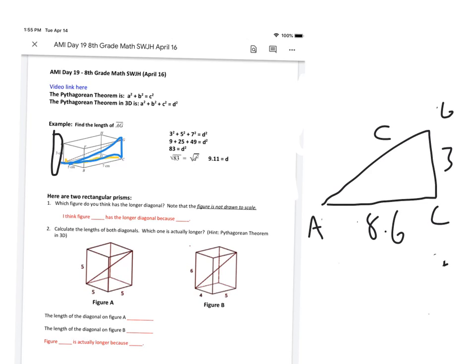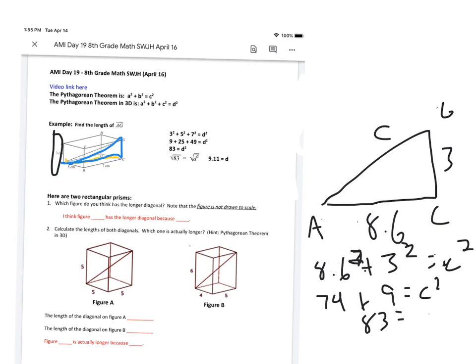We would square the legs, 8.6 squared plus 3 squared equals C squared. Of course, 8.6 squared, we already know that is equal to 74. 3 squared is 9. So 74 plus 9 equals 83. And so if we take the square root of both sides, once again, we get the exact same thing that the formula produced, which was 9.11.